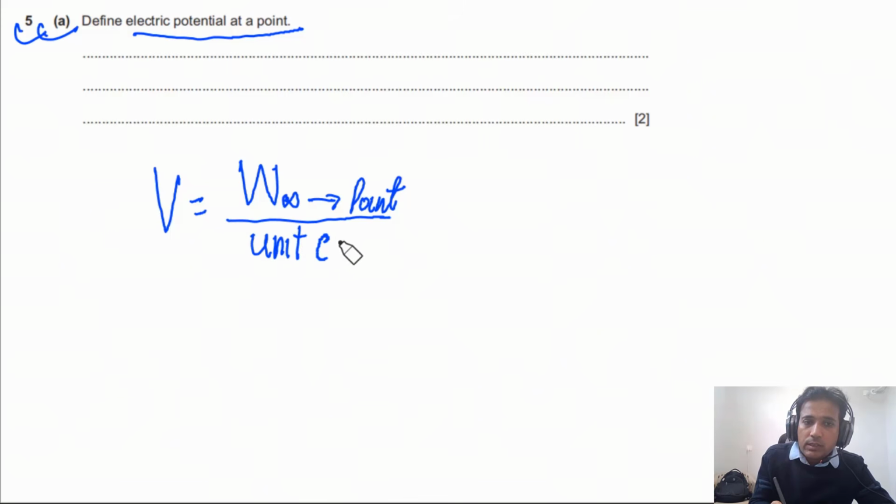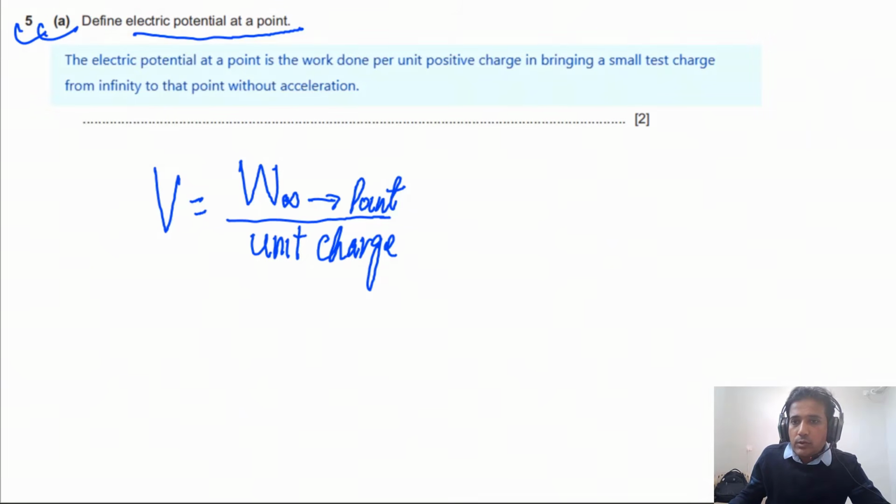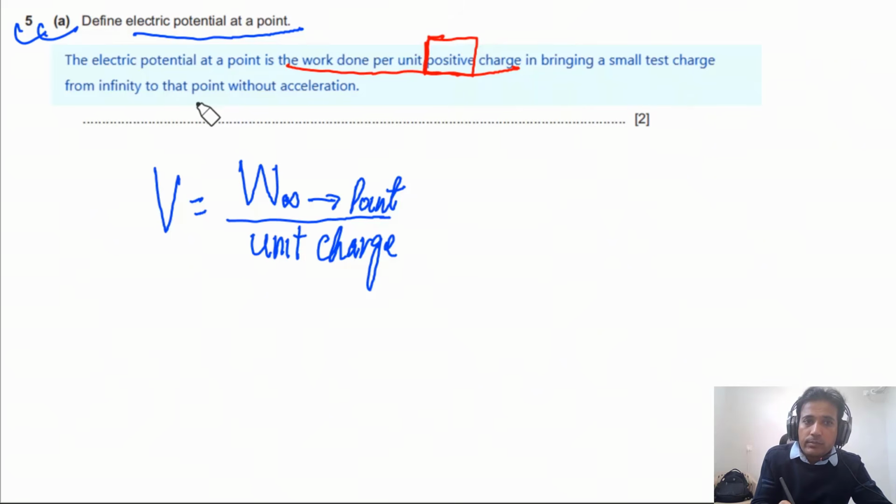So we can say per unit charge, but it has to be per unit positive charge. So this is how you need to answer. In the answer you need to mention that potential at a point is the work done per unit positive charge. So it's better to write down positive. Don't miss this one. In bringing a small test charge from infinity to that point without acceleration.